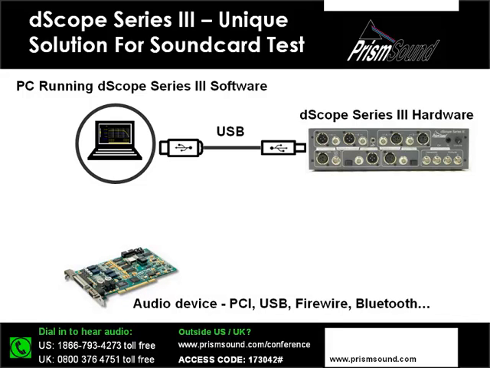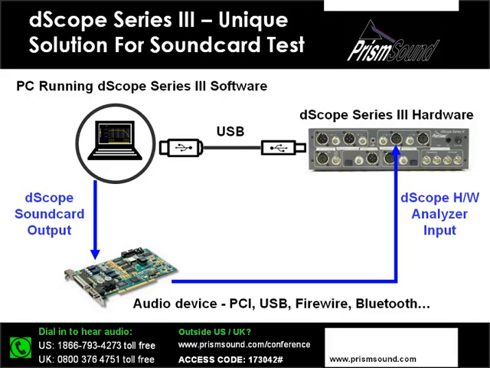So if our playback device is a laptop, for example, it will have an onboard sound card with a headphone output and more than likely a microphone input. Now we can address that sound card directly. We can route digital audio signals from the Dscope software to the sound card's outputs, which can then be connected to the measurement system's inputs, and we have now got a closed loop measurement setup as we talked about earlier in the presentation.